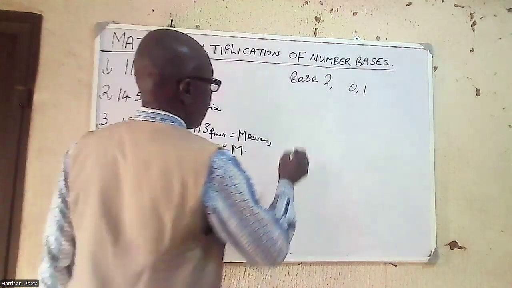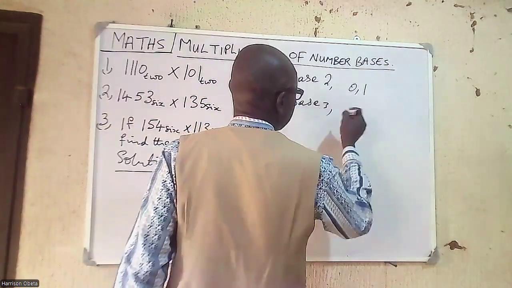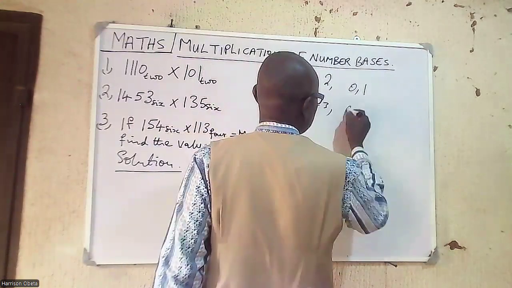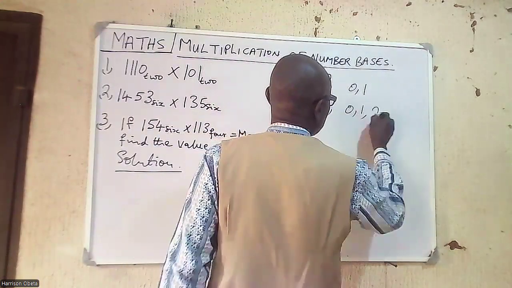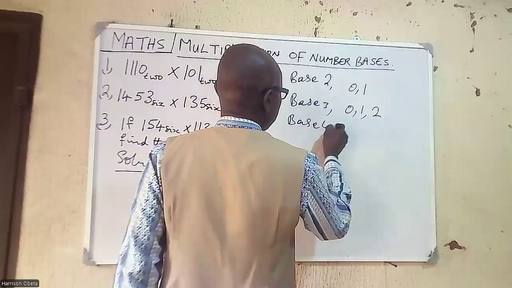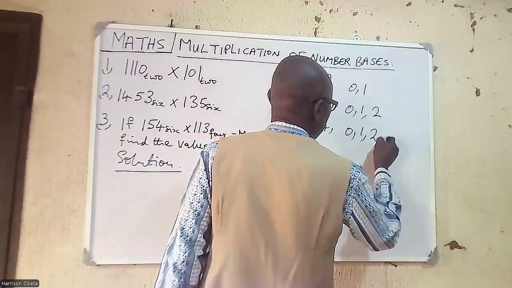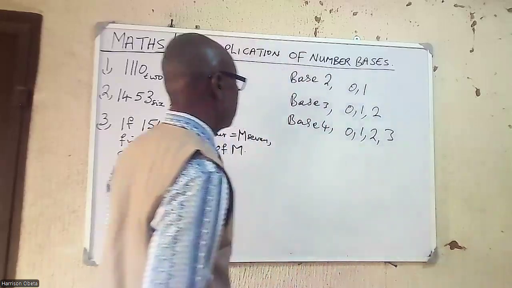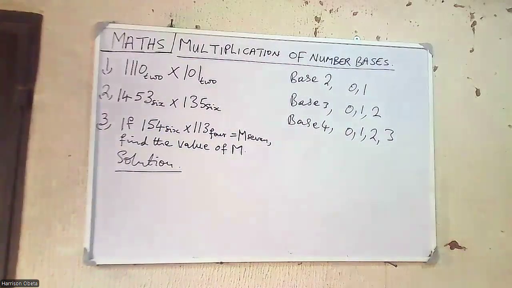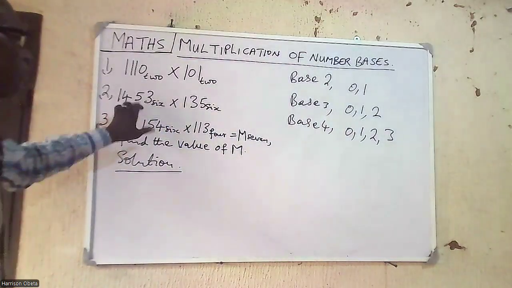We are talking of base 3. The highest value you can get is 2. That's 0, 1, 2. Then base 4, you have 0, 1, 2, 3, and so on. So, for instance, in base 6, you can't have anything more than 5.